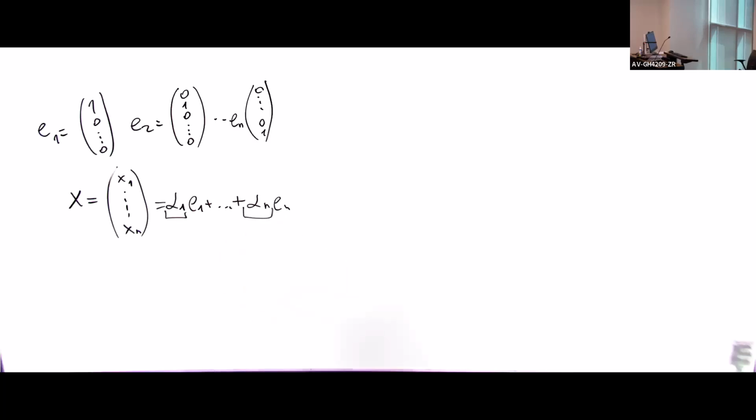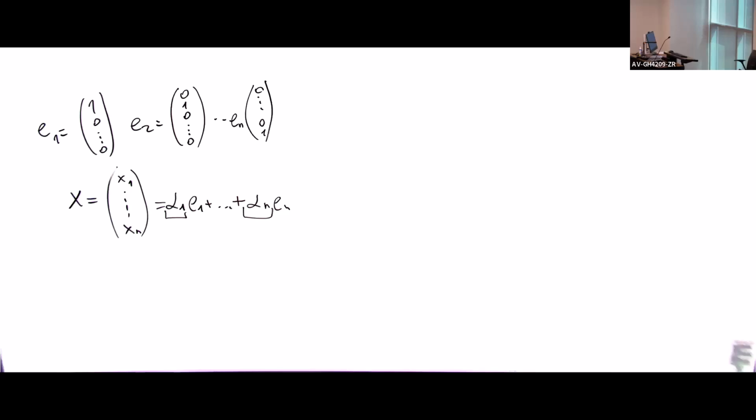Alpha 1, 2, 3, 4, 5, and so on. That's whatever is in x, because they will be just equal to these numbers. These are alpha 1, alpha 2, alpha 3, and so on. So these are the coordinates of the vector. If you're representing any vector in what we'll call a basis in a minute, you're just giving the coordinates of the vector, which is the vector itself.